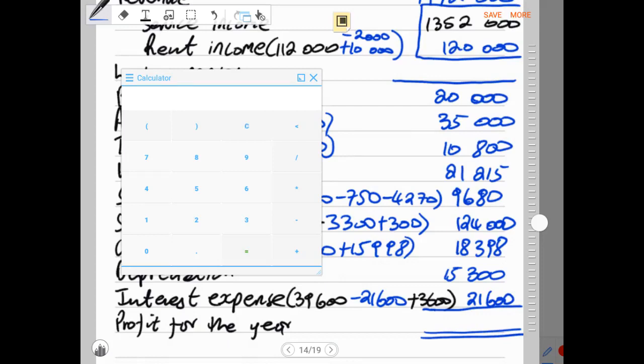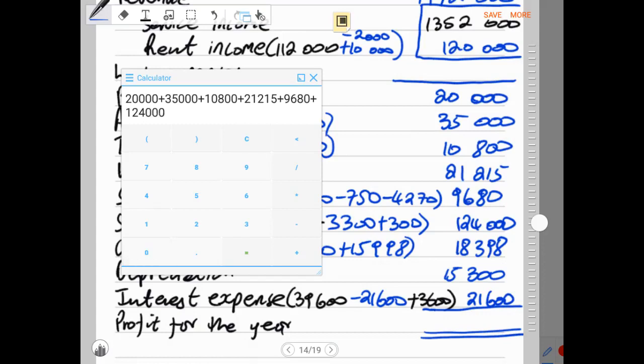Total expenses, we have 20,000 rands plus 35,000 rands plus 10,800 plus 21,215 plus 9,680 rands plus 124,000 rands plus 18,398 plus 15,300 plus 21,600.